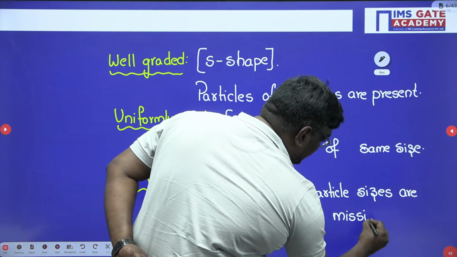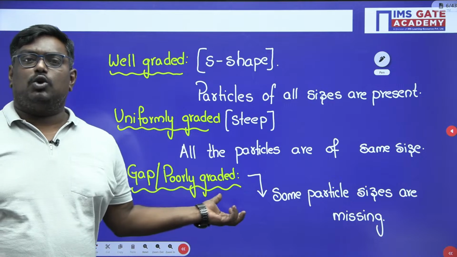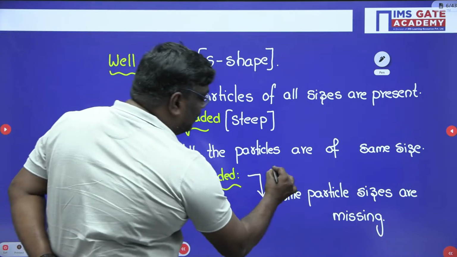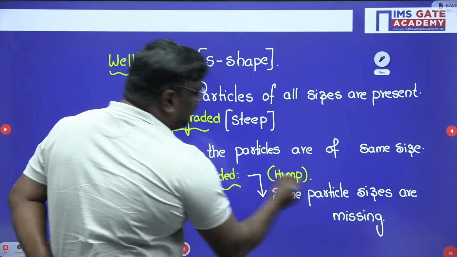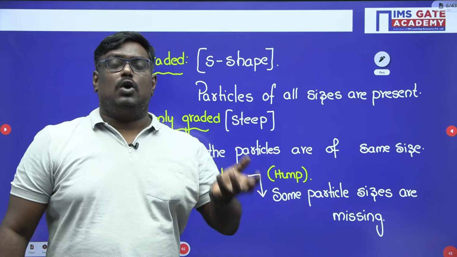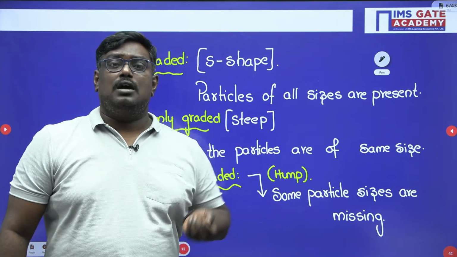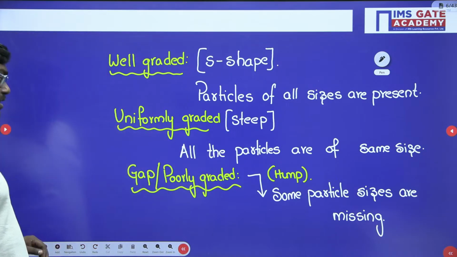So my dear students, I hope you are clear about the different shapes. If you talk about poorly graded, the shape here will be a hump shape. So these are the different kinds of soil based on the graph, showing how much soil is passing through the 75 micron sieve against particle size. A logarithmic scale can also be applied for that graph.